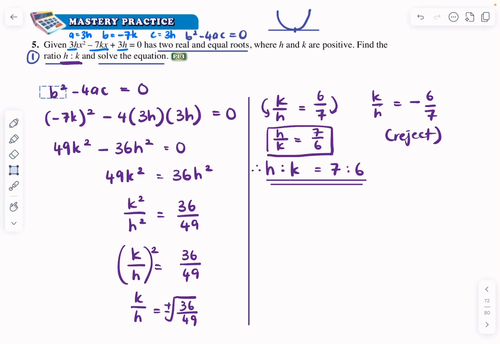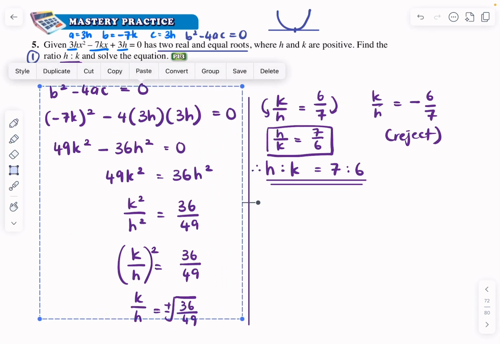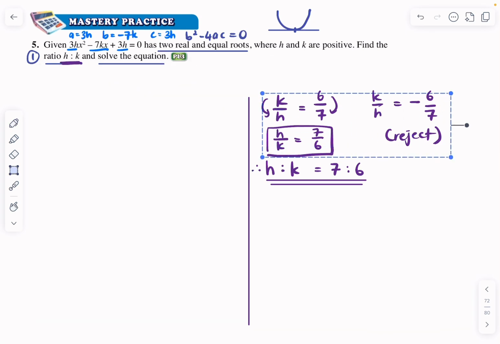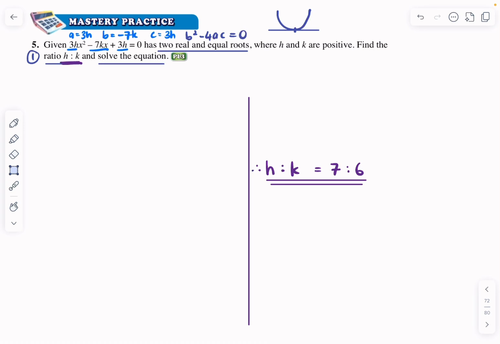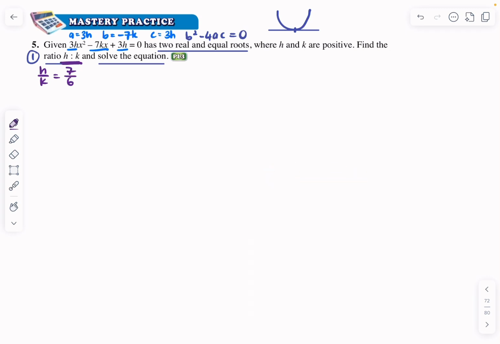Done. Next, we have to solve the equation. We know the ratio now, we can try to solve. So h over k is 7 over 6. Let's put this back into the equation. You can sub either one. Let's make h the subject. So k we bring there, becomes 7 over 6k.